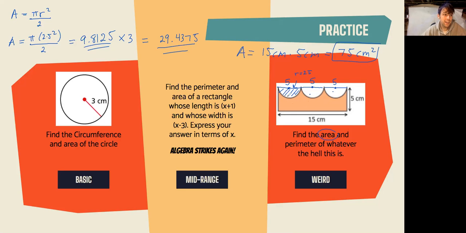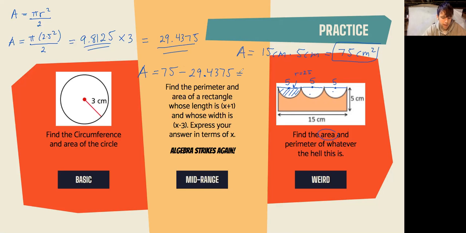So to find the area of just this shaded part, I'm going to take the area of the rectangle minus the 3 circles. So that's 75 minus 29.4375. And I went ahead and decided not to round it other than pi. You might have rounded along the way.